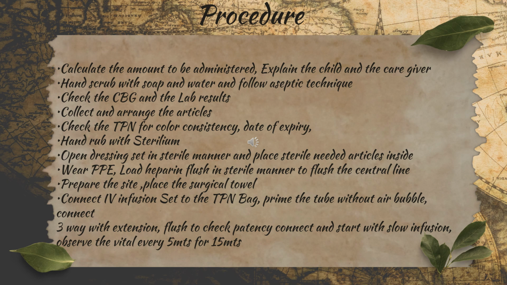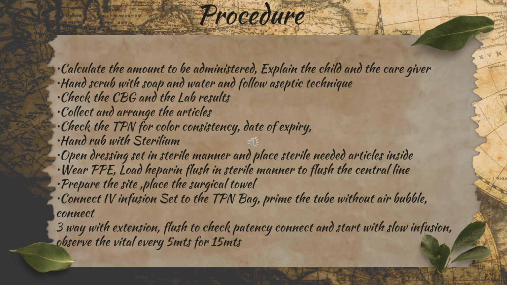Check the glucose level and the lab results, collect and arrange the articles, and check the TPN bag for color, consistency, and date of expiry. Do the hand rub with sterilium, then open the dressing set in a sterile manner and place the needed sterile articles inside.